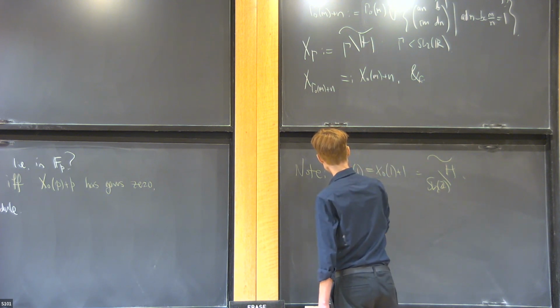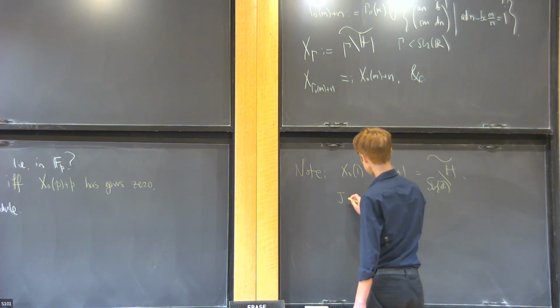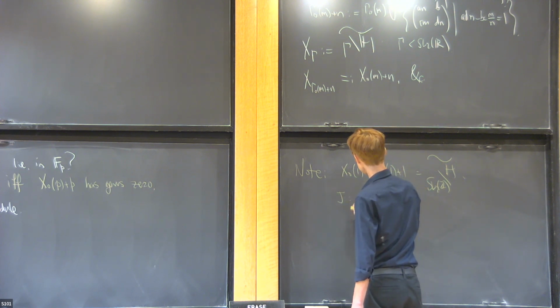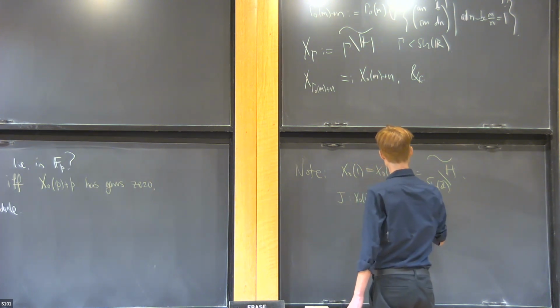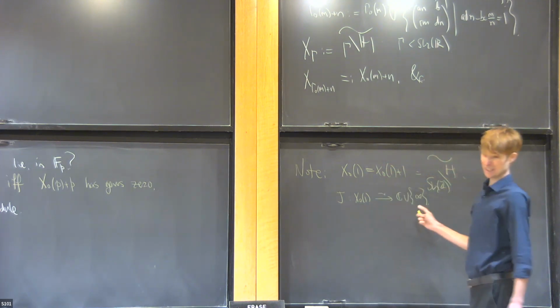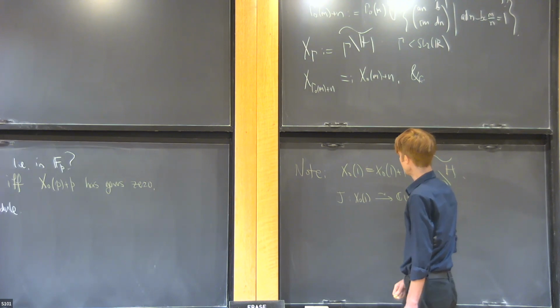Well, the J function, or equally the normalized elliptic modular invariant, serves as a witness to the fact that this has genus 0.